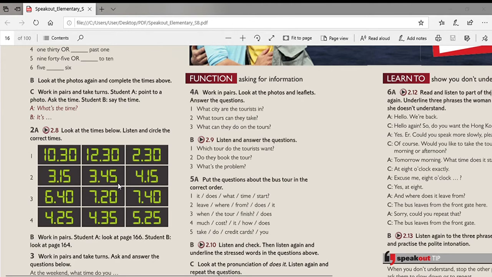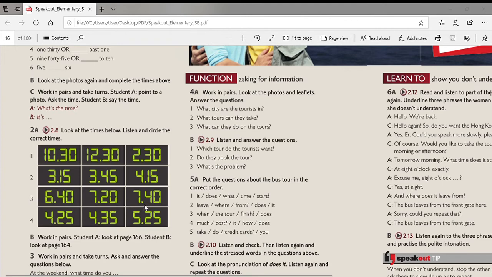Here there are 15 minutes left to 4. That's why we say quarter to 4. The preposition to means that it's after half an hour or after 30 minutes. Now, up to 7, we have 20 minutes. So we say 20 to 7, which means that to 7 o'clock it's 20 minutes left.